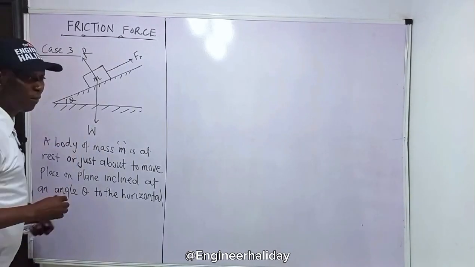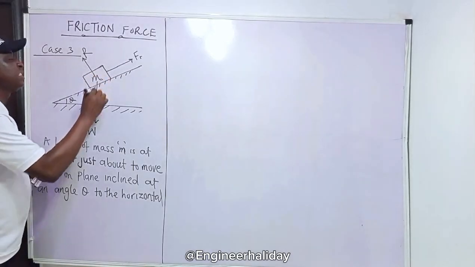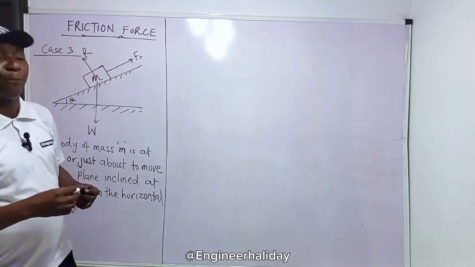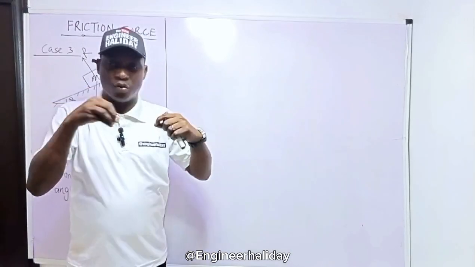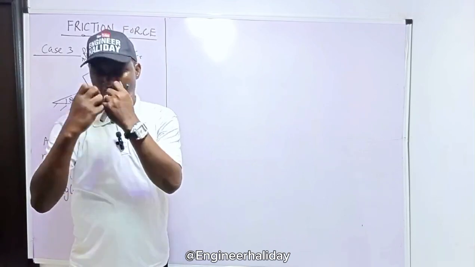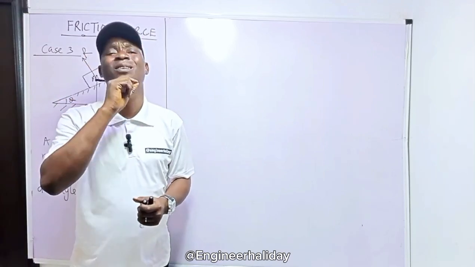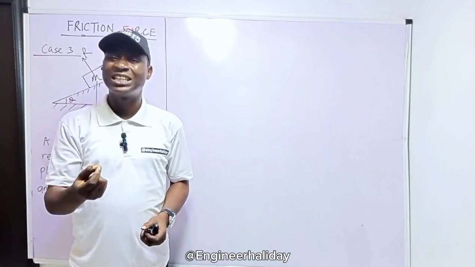Now, where does the weight come in? Seeing as the body has a mass, it's a particle, weight will come in. Weight is the gravitational pull of the earth on a body. So there is no body that does not have a weight. The only thing that does not have weight is anything that moves like a ray, like light rays.